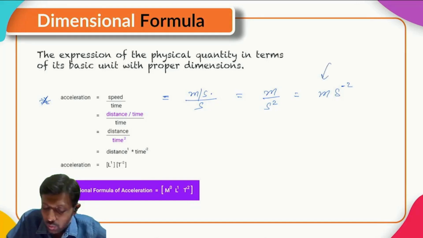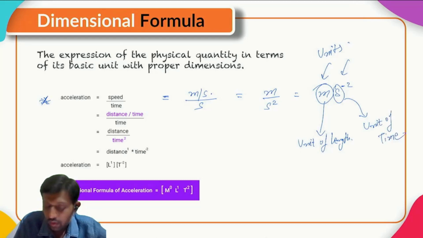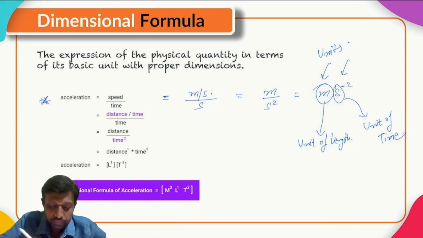Now these are units. Meter is the unit of length, and second is the unit of time. How do we represent length? What is the symbol of length? The symbol we've just seen, length is represented by this. What is the symbol used for time?